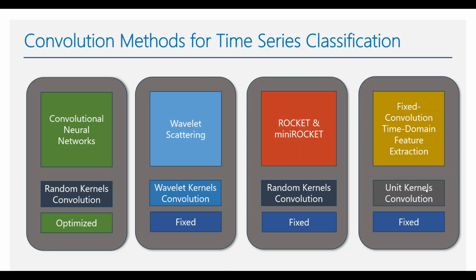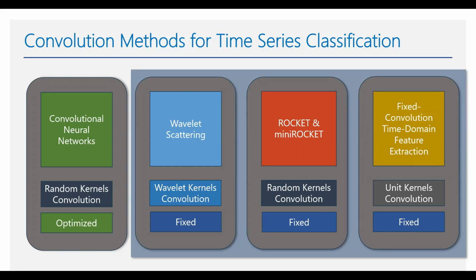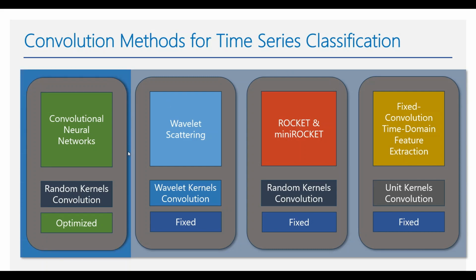We don't randomly initialize, we just set all the values of the kernels equal to 1. And we leave them as they are, so they are fixed. So now you have three methods sharing the same category of fixed, non-tuned weights for the convolution kernels, while over here you have a CNN which actually optimizes these values. So this is the main difference between all of these methods.